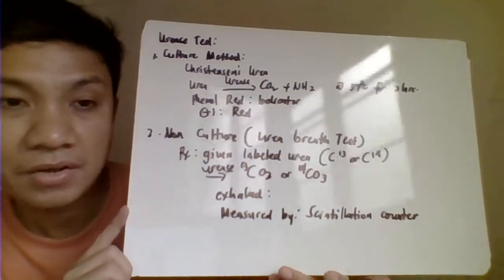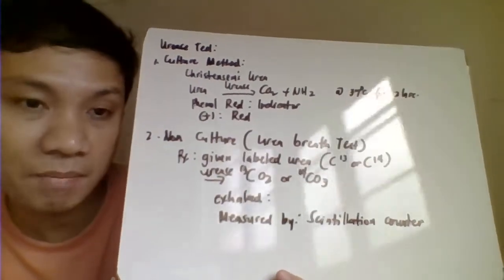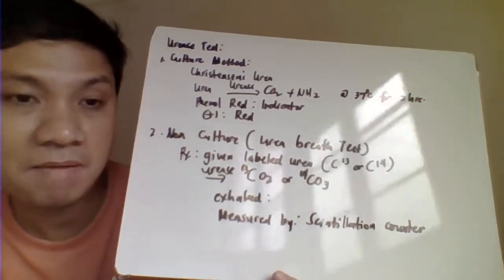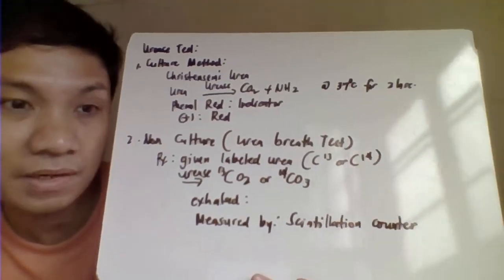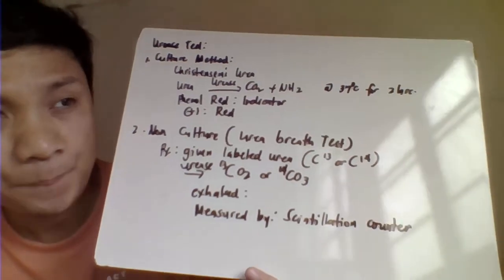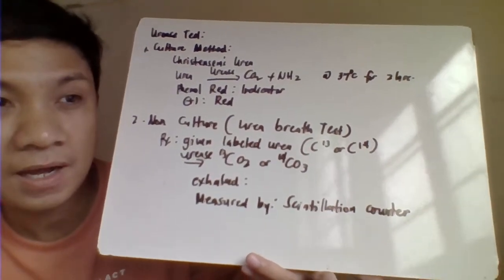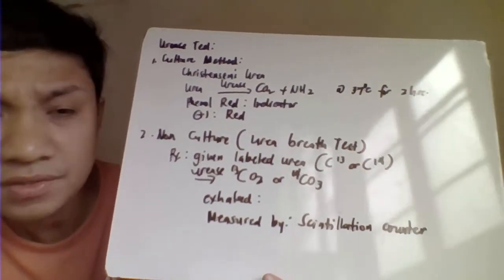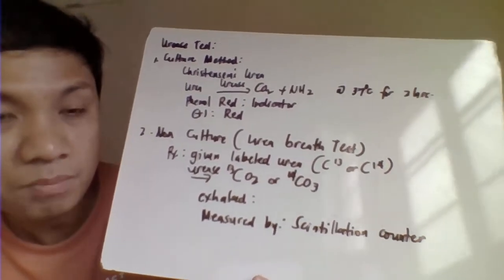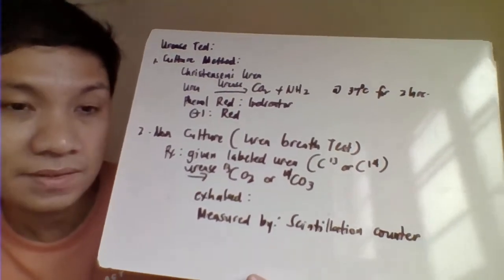Okay, then we have here the urease test for identification of your Helicobacter pylori. You can identify the presence of the urease enzyme by a culture method with the use of your Christensen's urea. I think this is a broth medium. It contains the urea as a substrate.